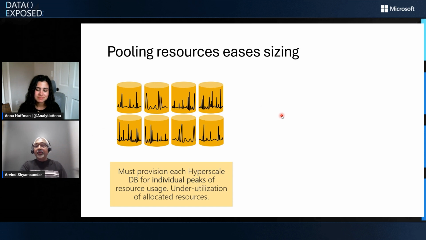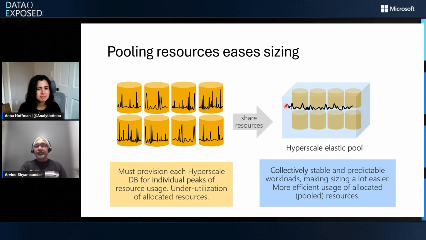What we can then do by pooling them together is potentially transform those individually unpredictable workloads into a collectively stable and more predictable workload pattern. So pooling resources allows us to economize the amount of resources allocated because we are smoothing things out by grouping these databases together. So it not only eases sizing, but as you can think about, it may also, in many cases, save you costs because you're pulling things together.